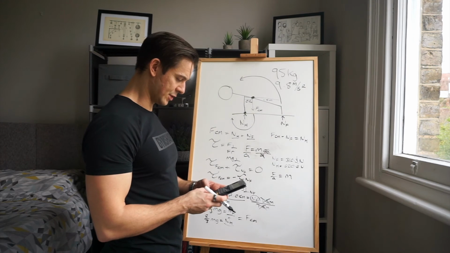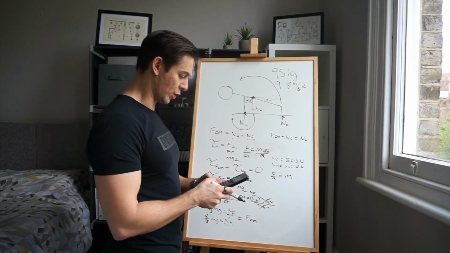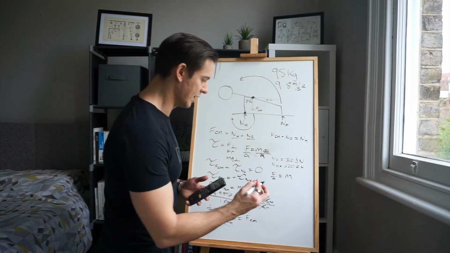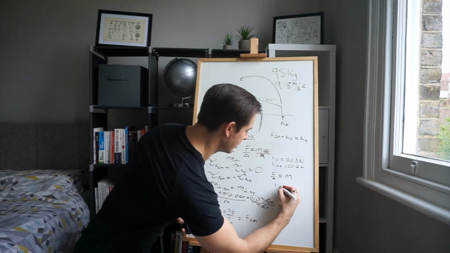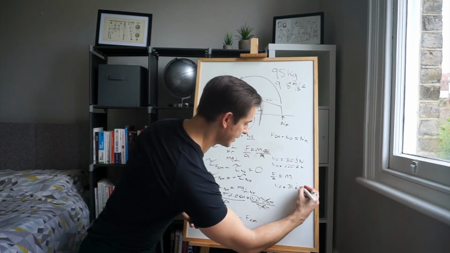So if we have 310.3 recurring divided by 9.8, we are left with, so the normal force at the foot is equal to 31.6 recurring kilos.